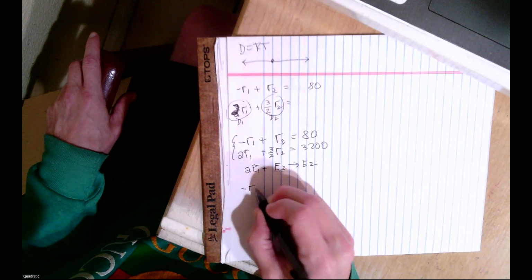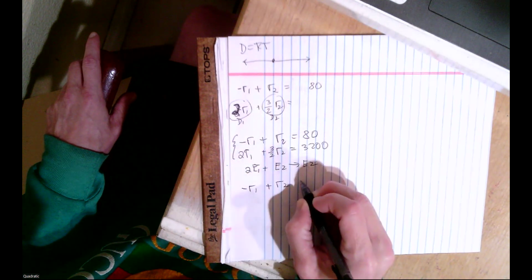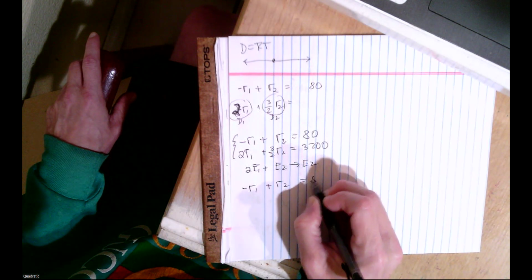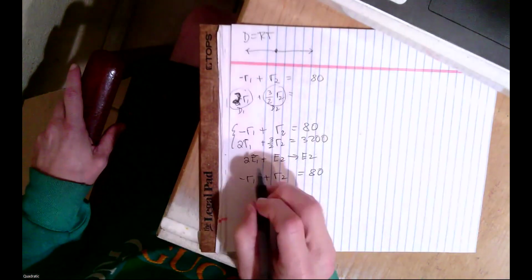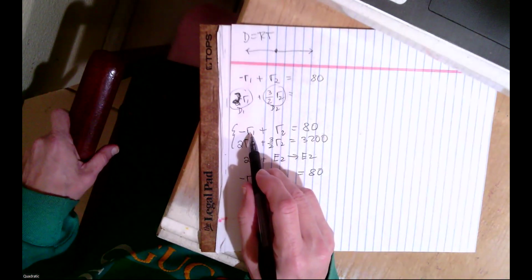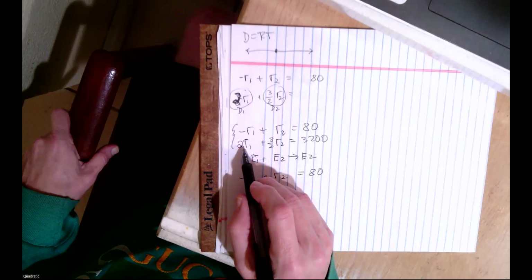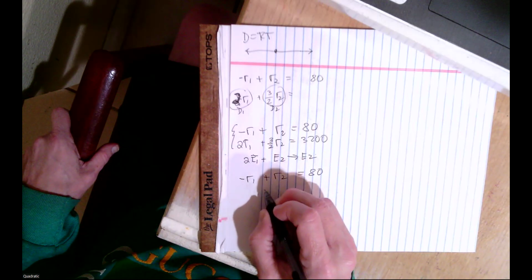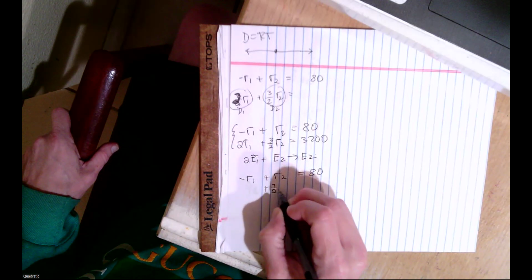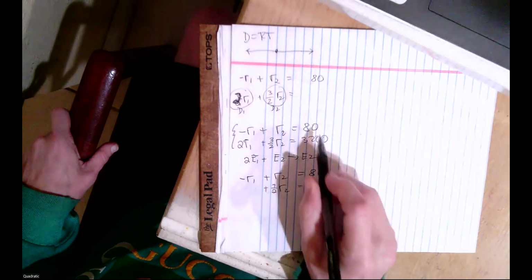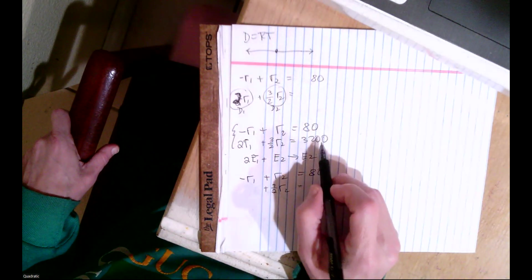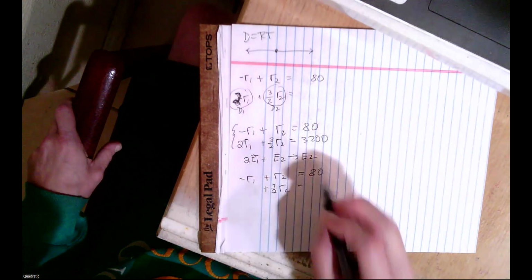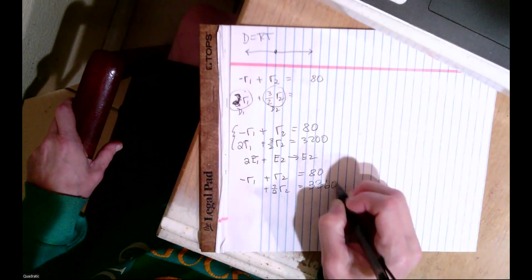My top equation is negative R1 plus R2 equals 80, and when I add twice the 3,200, that's 3,360.